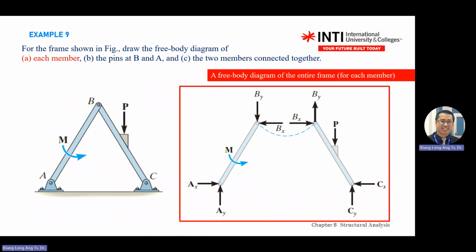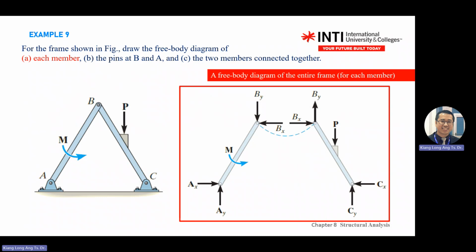X and Y. So what I need to highlight here is the direction. If you start with member BC, X to the right is positive, going up is positive. When you start with the right hand side member, the left hand side member must have opposite forces.